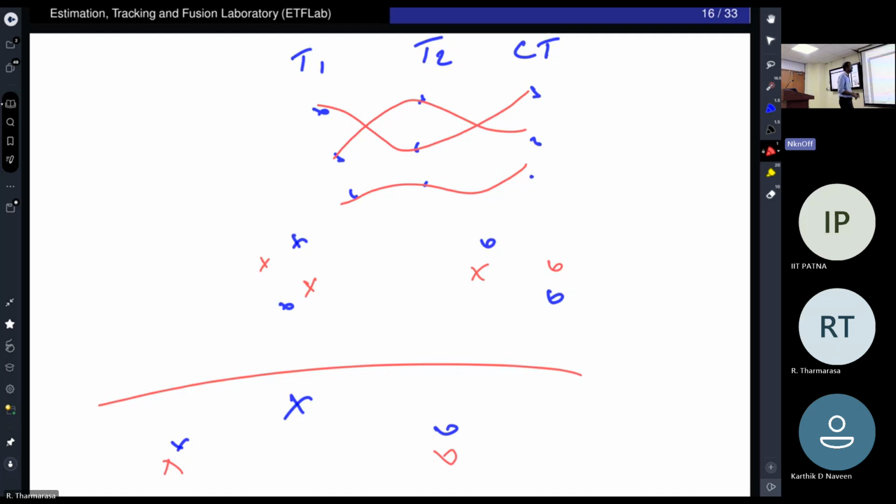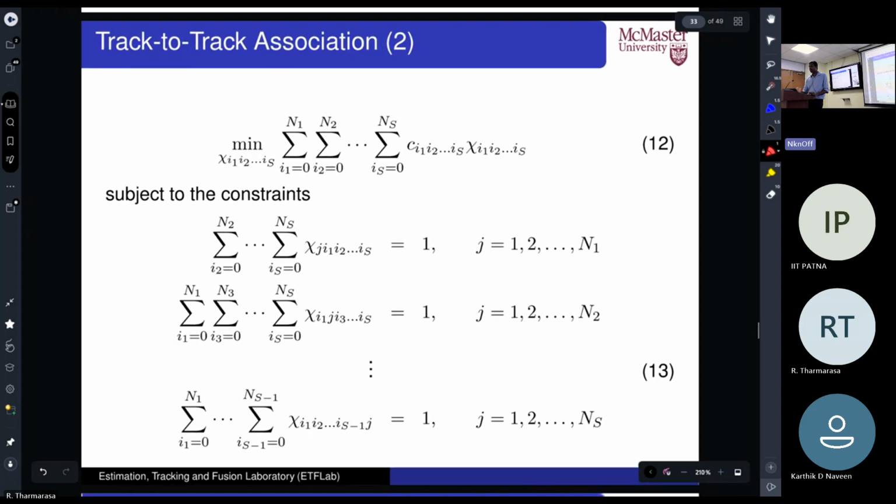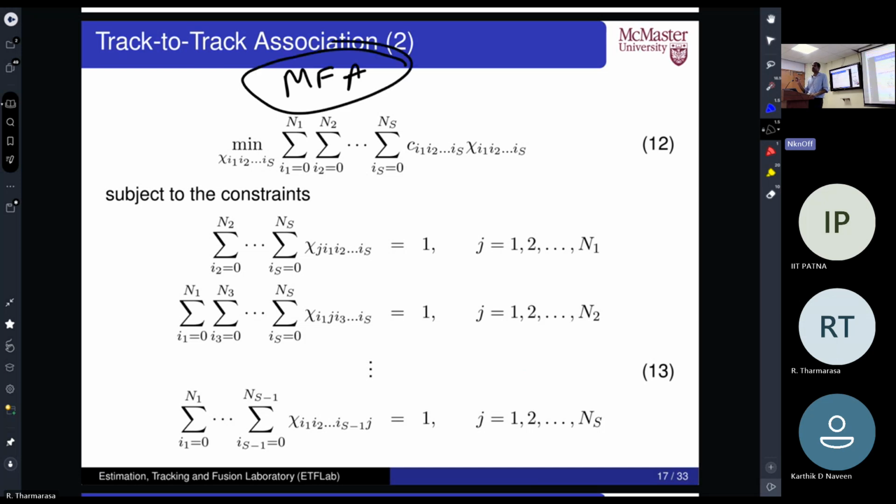You write out the possible branches and find the optimal branch that minimizes the total cost. That is multi-frame assignment. This multi-frame assignment is also used in the normal single target tracking problem, single sensor tracking without track fusion. Even in single sensor tracking, I mentioned that one of the algorithms is MHT or MFA.